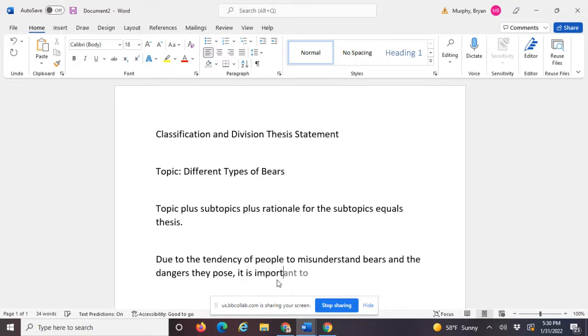It is important to break, why don't we say, North American bears. It is important to break them down into the following categories.